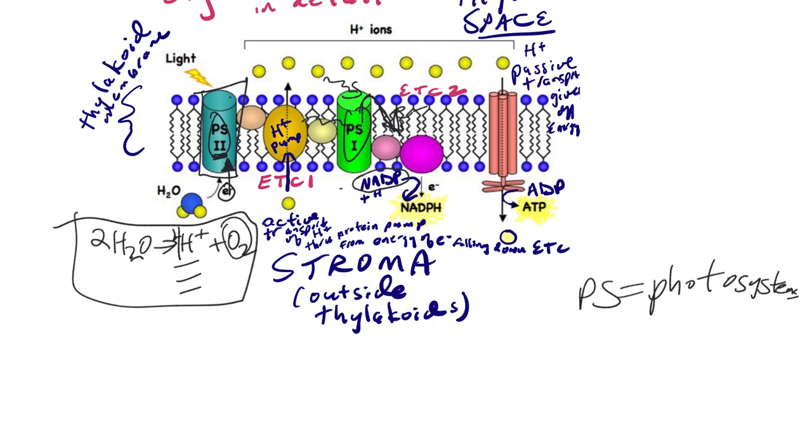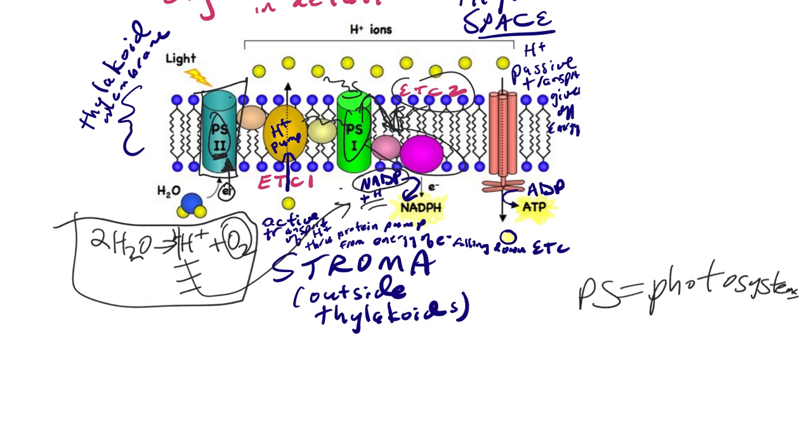Now the energy of those electrons as they fall down the second electron transport chain right here is used to energize NADP into NADPH. And then it needs the hydrogens from over here, from the water being split. Well, a lot of those hydrogens are getting pumped out, right?